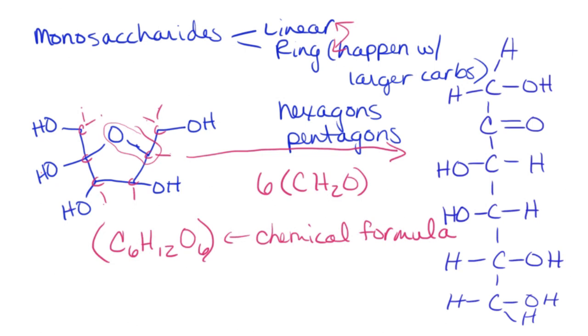We want to have one carbonyl group if we're looking at a linear molecule. If we're looking at a ring molecule, then we want to see one oxygen embedded inside that ring. And then we also want to see lots of hydroxyl groups. If we go through and come up with the chemical formula or the molecular formula, we do want to end up with some multiple of CH2O.